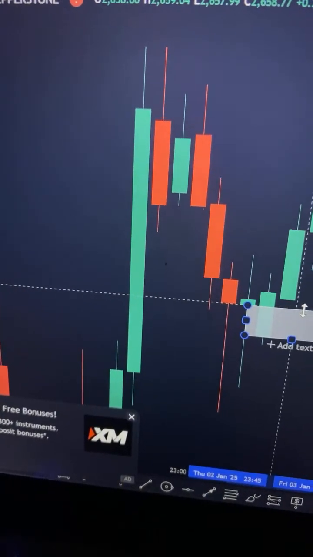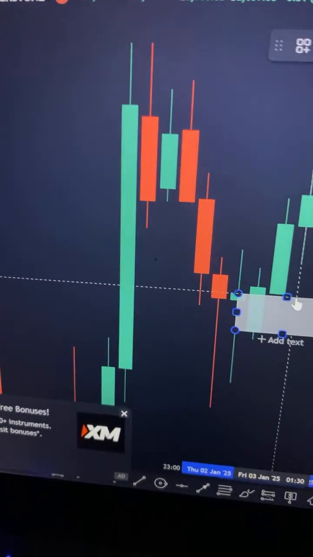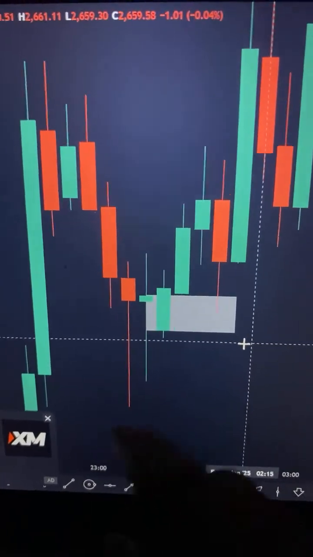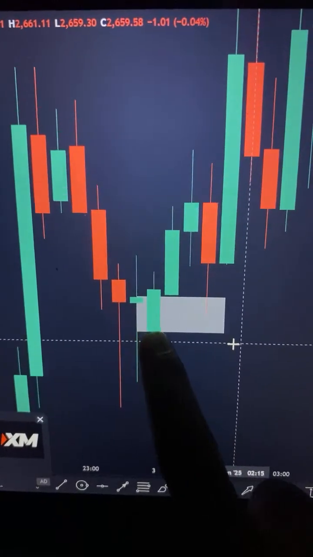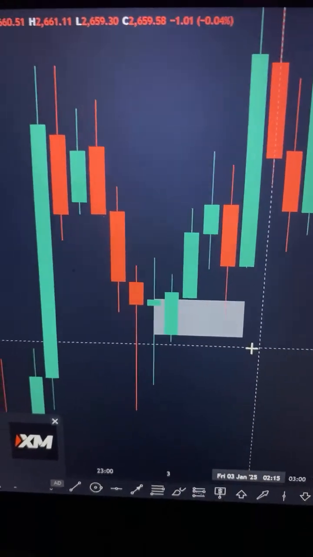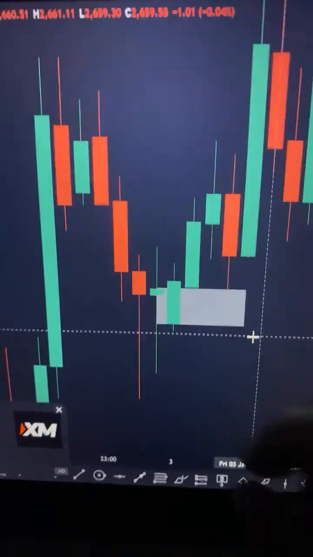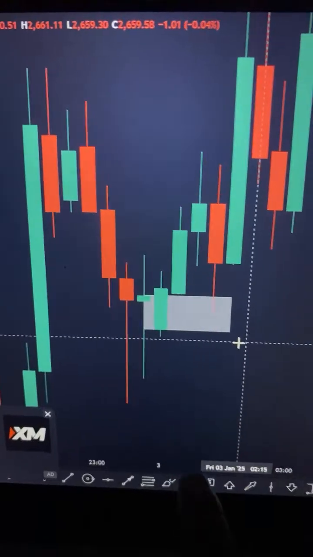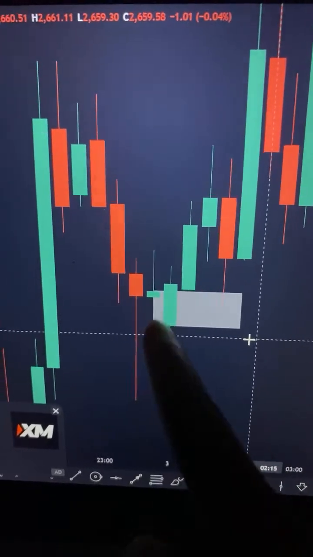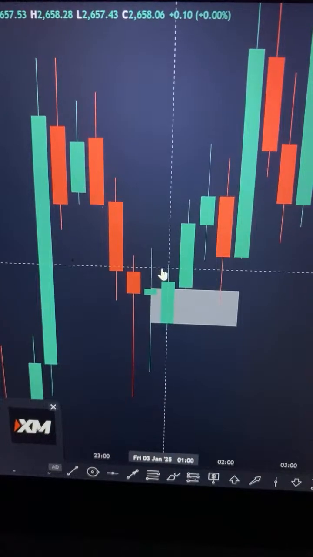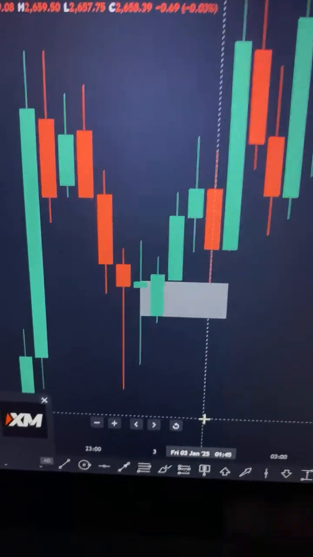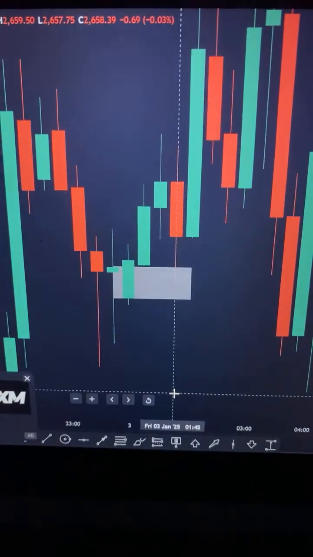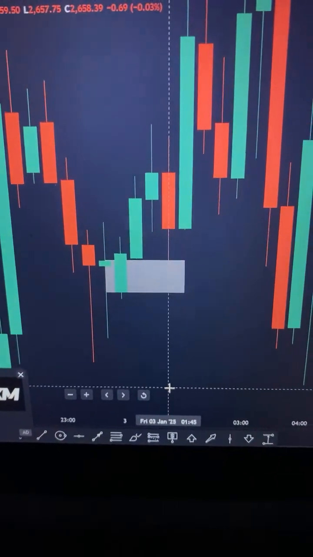You need to highlight from the closing price of that candlestick of 23:45, and then you also join it with the opening price of the candlestick that opened at 1 o'clock, which is this current candlestick. It opened at 1 o'clock, right? So this will highlight a range that identifies the market open.